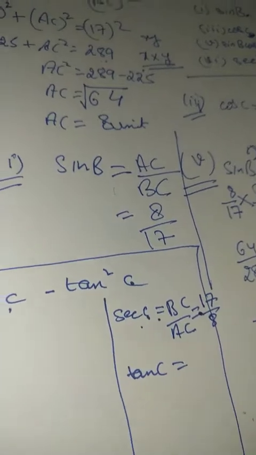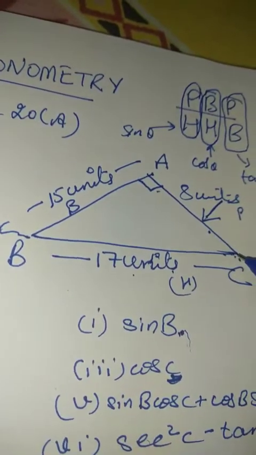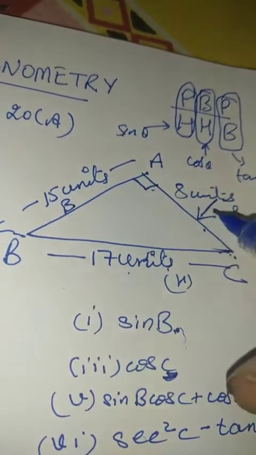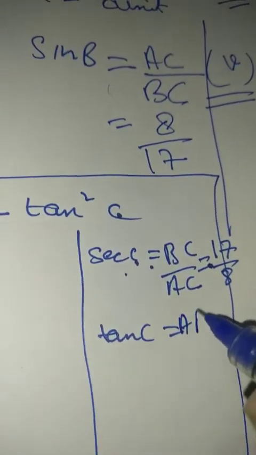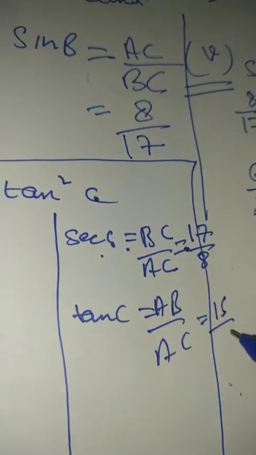Now come to tan C. Tan is perpendicular upon base. Since C is the angle written along with tan, this will be the base. So perpendicular upon base, that is AB upon AC, which is equal to 15 upon 8.